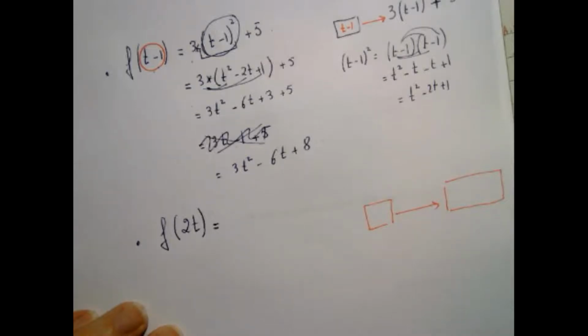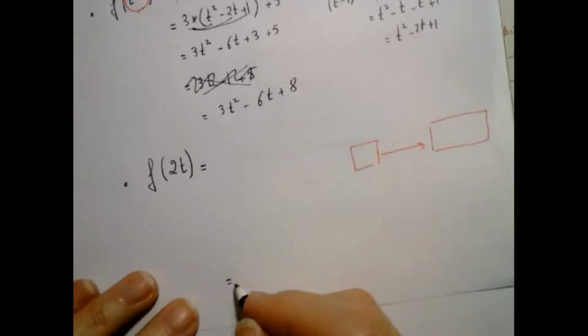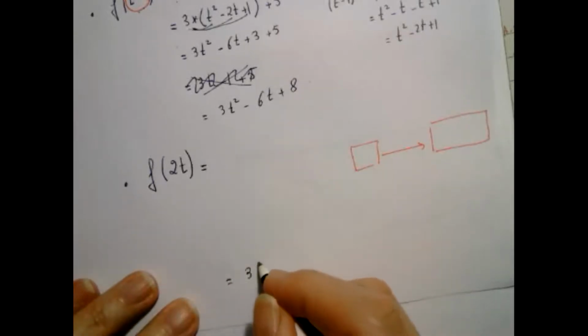I'm listening. 6t squared plus 8. I'm going to write what you got.